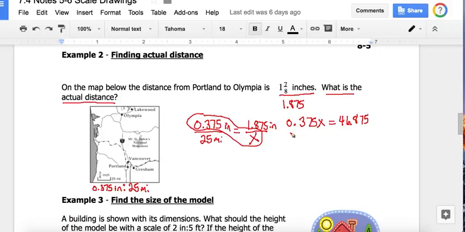Now the opposite of multiplication is division, so I'm going to divide both sides by 0.375. And then 0.375 divided by 0.375 is a 1 in disguise. And when I divide these two numbers, I get 125 miles.